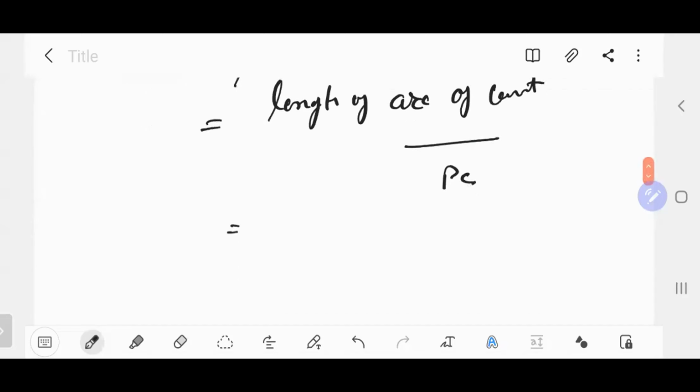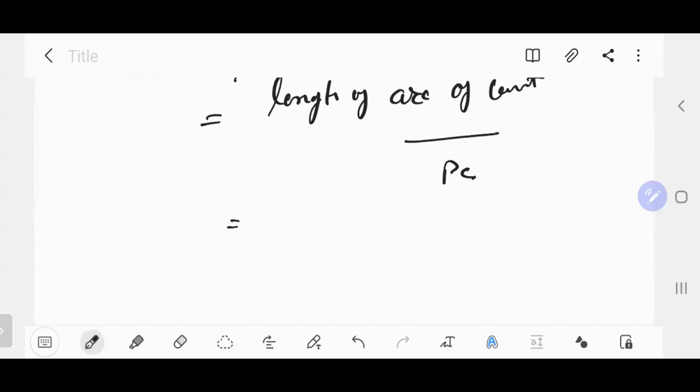So what is the circular pitch? Just give me the equation. Circular pitch, pi d upon z.